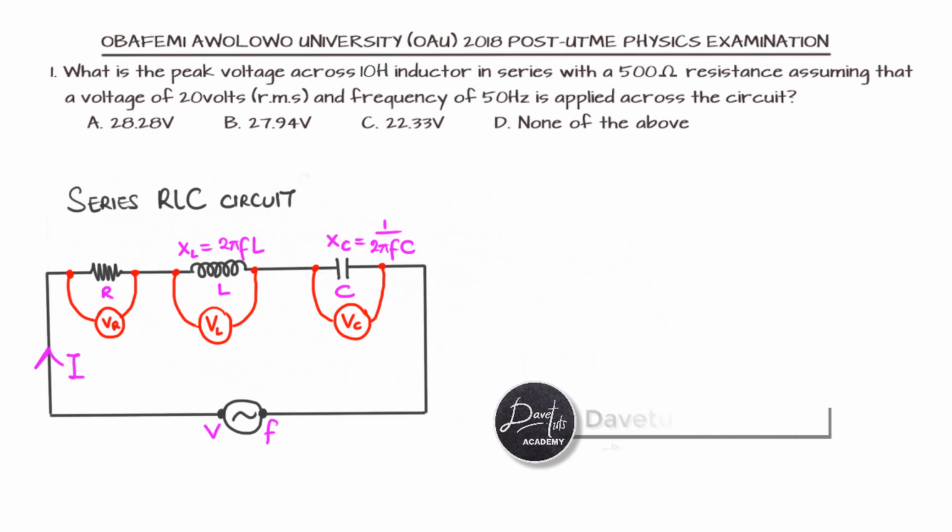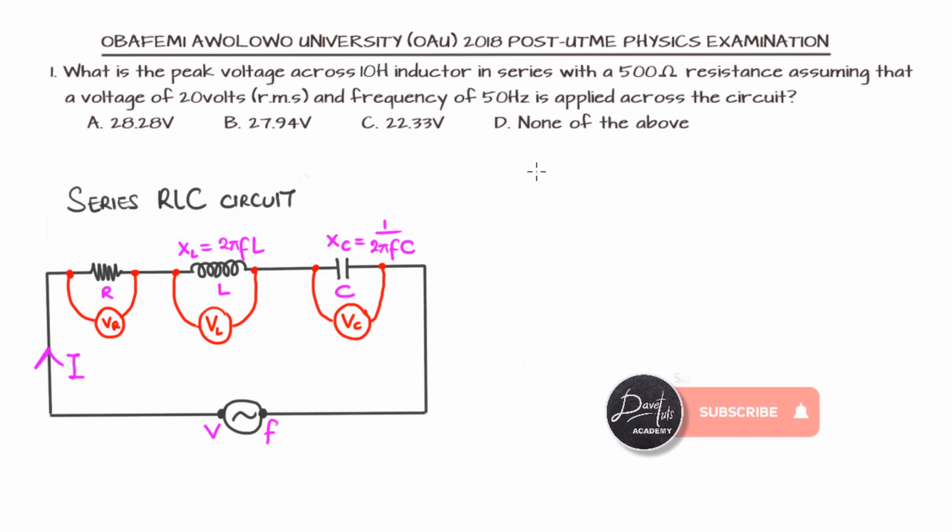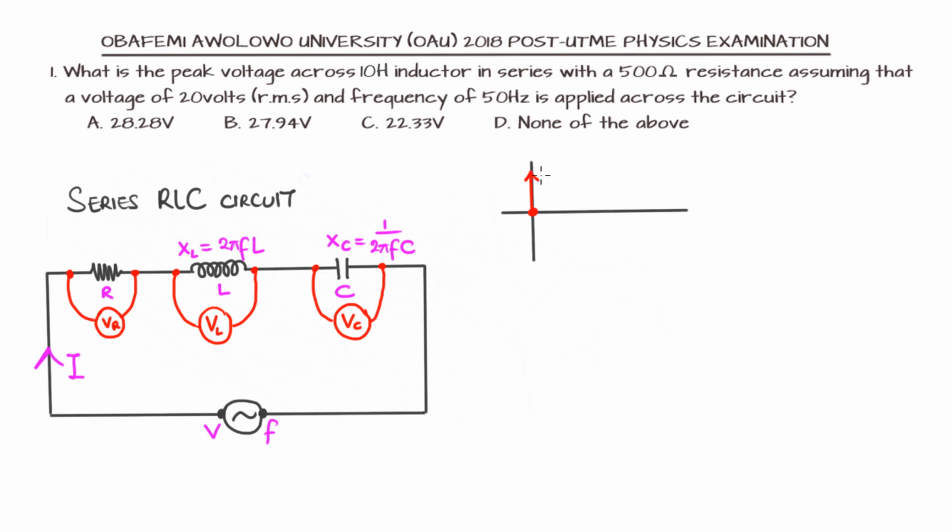So now we need to go ahead to analyze this so that we can know how best to handle questions like this. Now, as a rule of thumb, if you are to consider the voltage across the inductor and the capacitor and the current, it is noted that the voltage across the inductor leads the current by an angle of 90 degrees. So if this is the voltage across the inductor VL, but the voltage across the capacitor lags the current by 90 degrees.